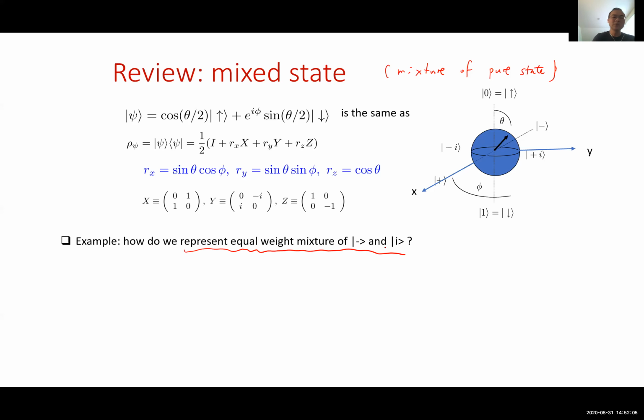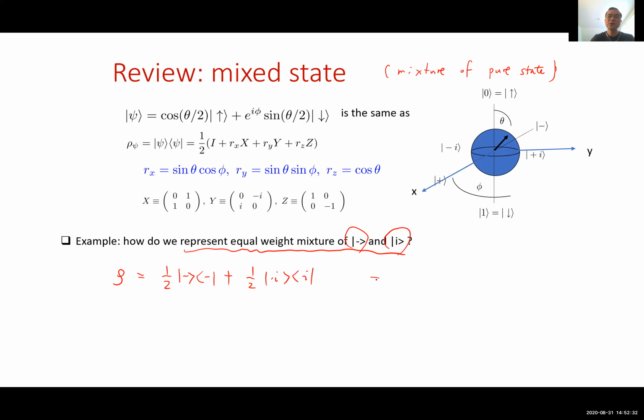It's really simple, symbolically equal weight, right? So half and half. How do we mix them? We'll write it really just in terms of density matrix. So yeah, this really is the mixture.